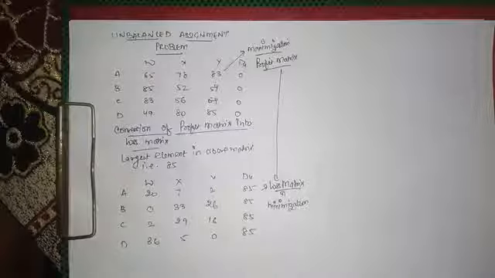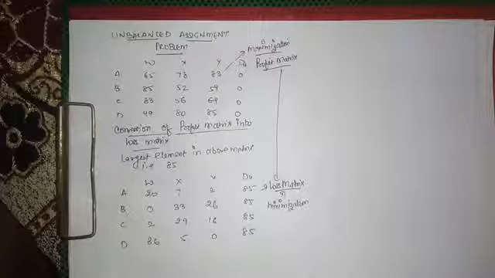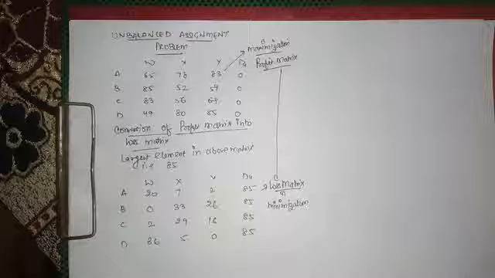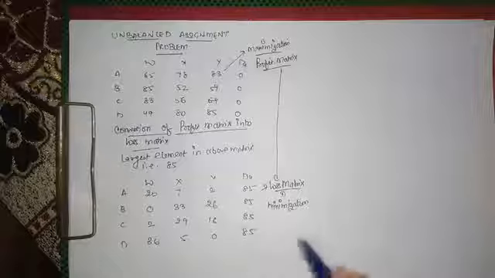Now the simple steps which we have earlier discussed: row reduction, column reduction, making assignment, further improvement, and again making assignment, and improvements, until we get our solution. And where do we get our solution? When the number of assignments is equal to the number of rows or columns. Is it okay? So that is our loss matrix.